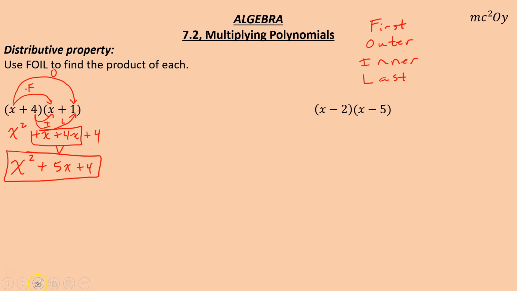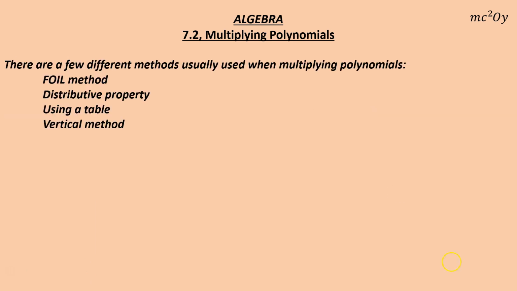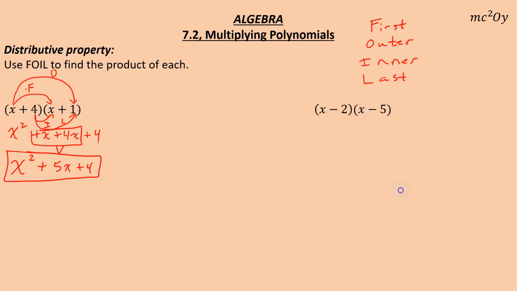Okay, let me show you another example of FOIL, hopefully a little better process here. There's my first, x squared. There's my outer, negative 5x. There's my inner, negative 2x.